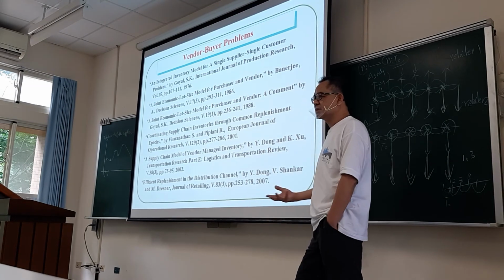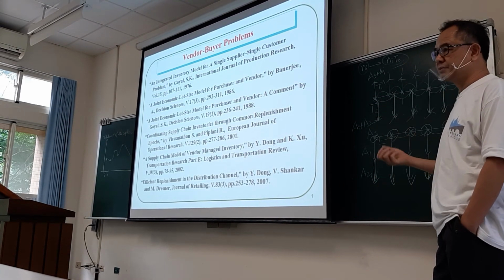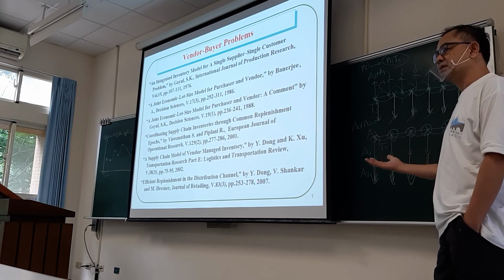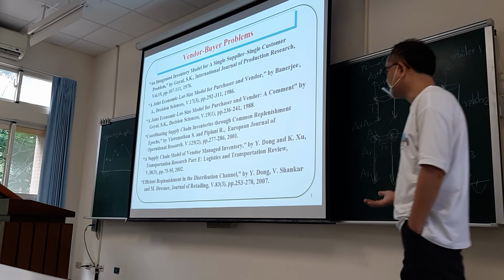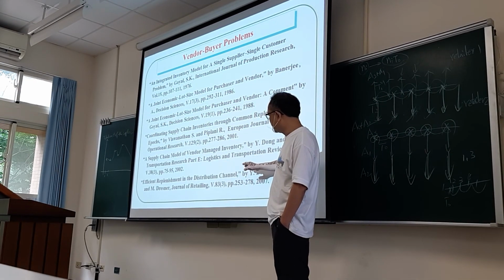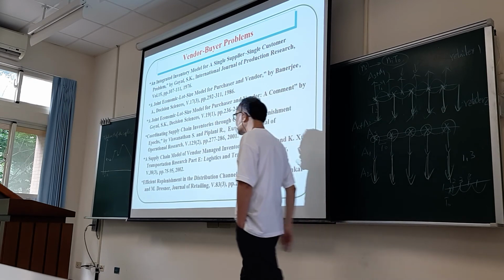Okay, so certainly the so-called price-demand relationship needs to be discussed. Otherwise, it becomes the pure cost. You see, so efficient replenishment in the distribution channels. The paper appeared in 2007.